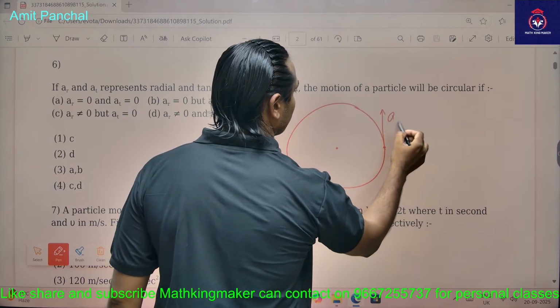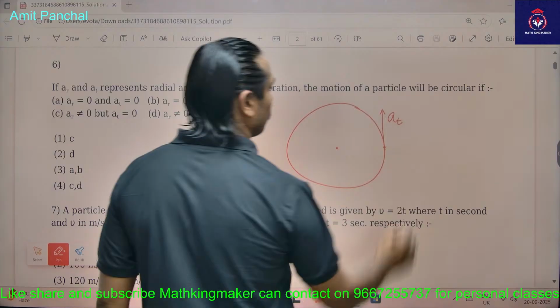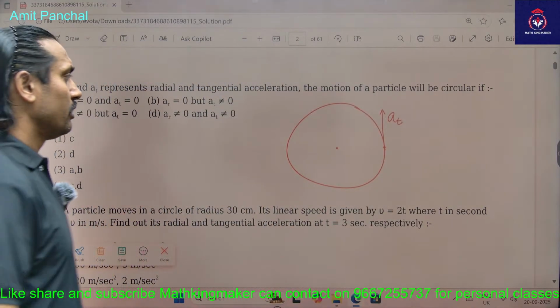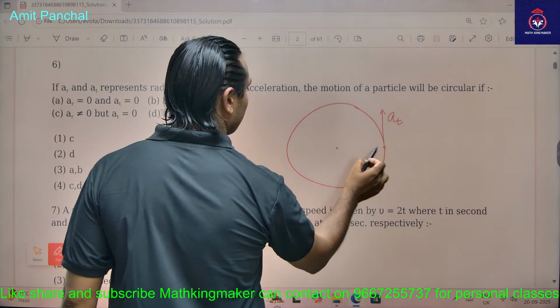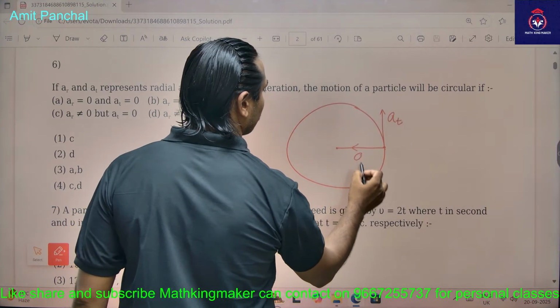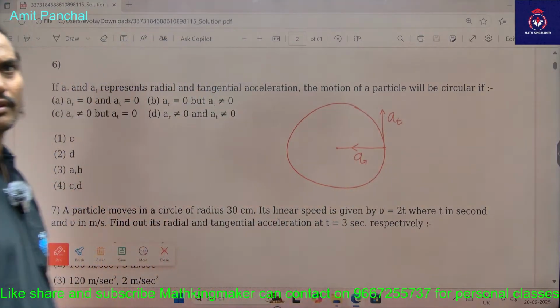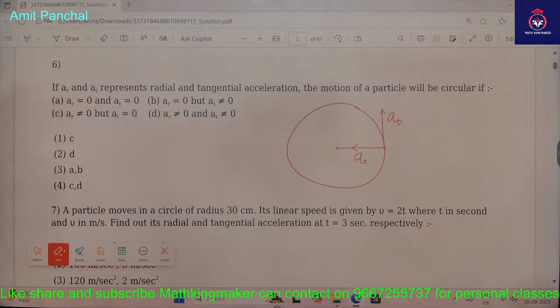That is said to be AT, tangential acceleration, and that will be AR, radial acceleration. The motion of the particle will be circular if AR equal to 0, AT equal to 0. Okay.